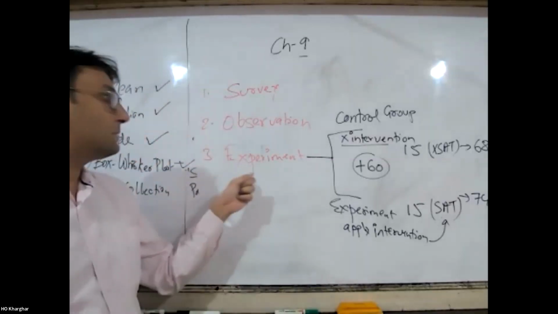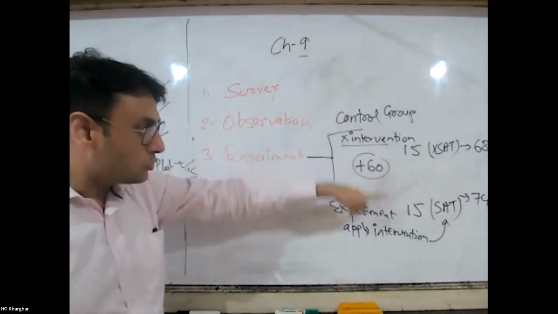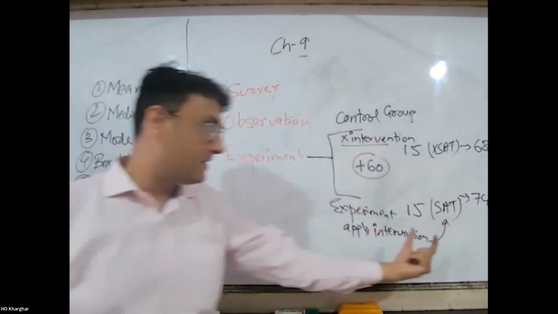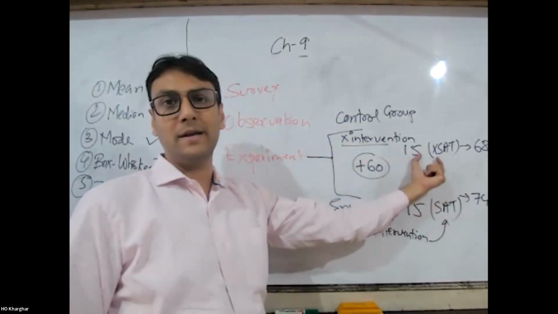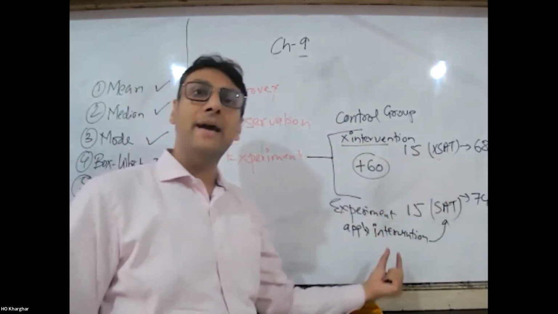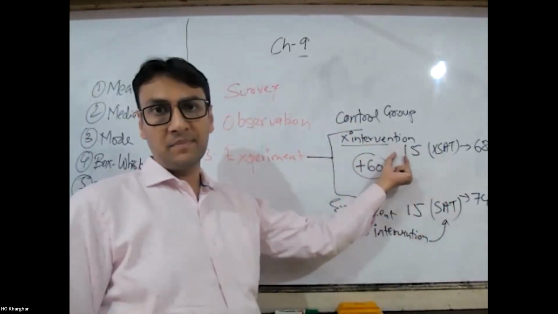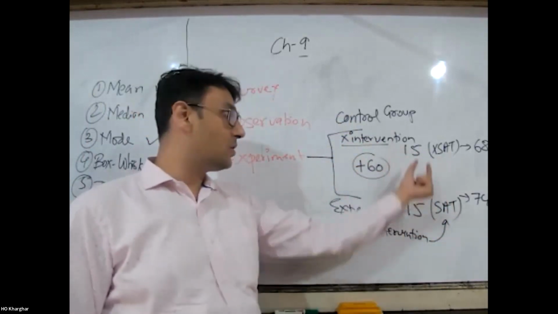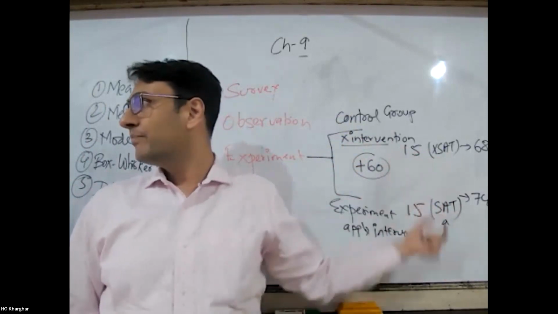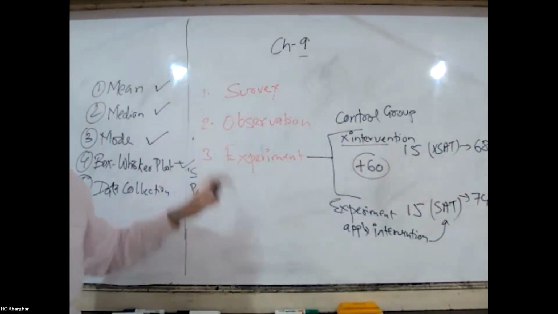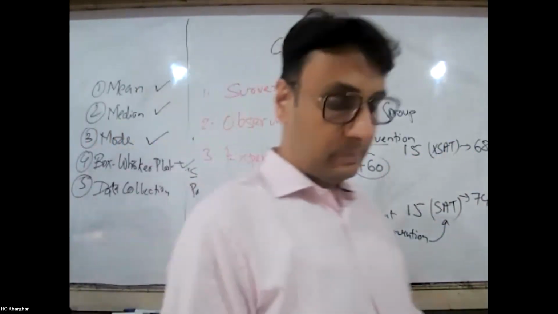This is an experiment that was done on 2 similar groups, divided and created randomly, intervention applied, intervention not applied. So this could be hair treatment, some hair serum, no hair serum. This could be some vitamin supplement, no vitamin supplement. This could be anything. So this kind of research is called experimental.